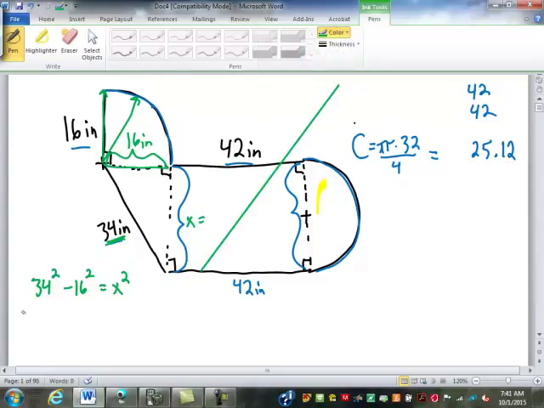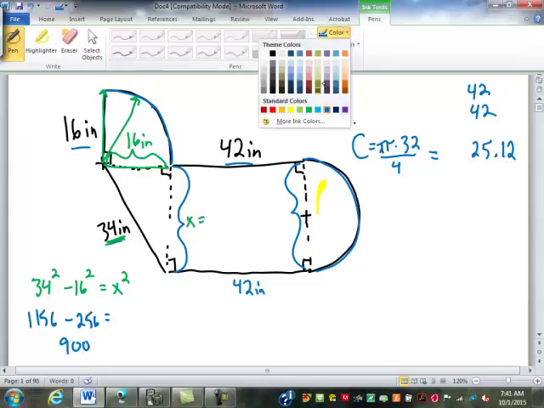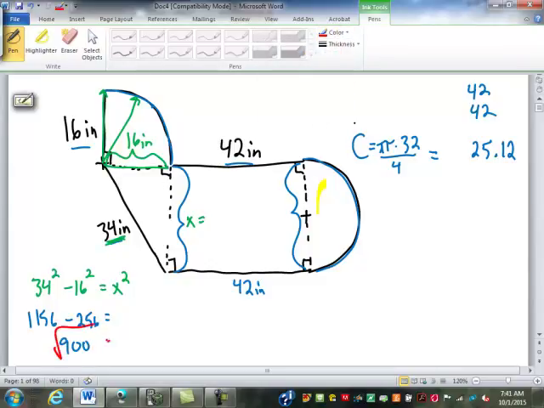Well, 34 squared is 1296. No, it's not. 1156. Thank you. 1156 minus 16 squared, which is 256, gives us 900. And then we got to square root that. Gives us 30. So this is 30 inches across here.